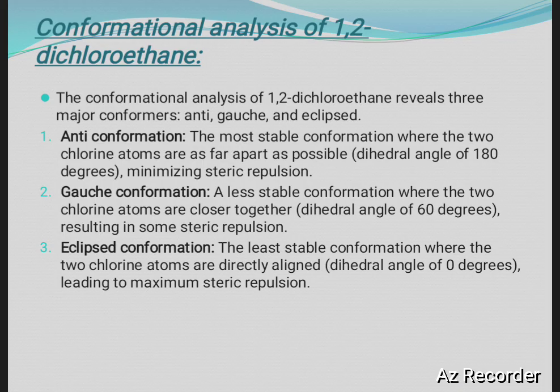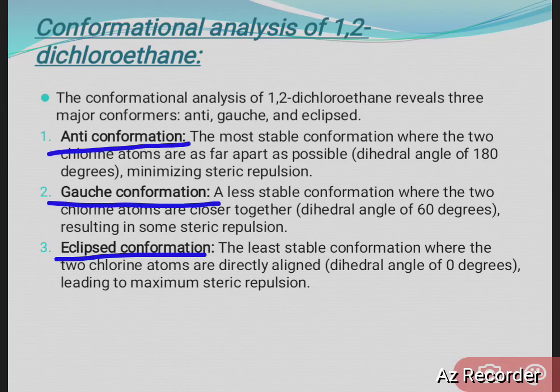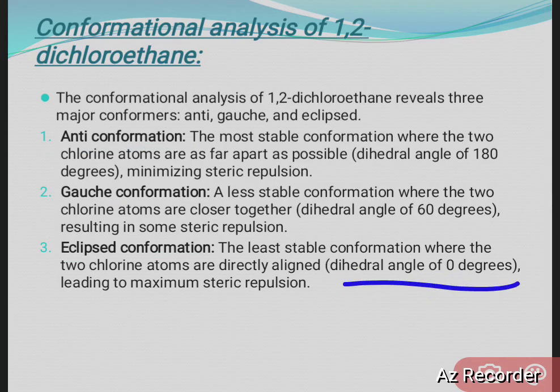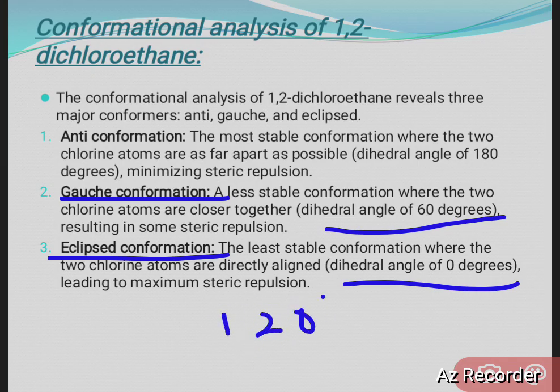When the molecule is rotated, initially when the dihedral angle is 0, we will get the eclipsed one. When we rotate this by 60 degrees, we will get the gauche conformation. When we again rotate by one more 60, meaning 120 degrees, at that 120 degrees we will again get the eclipsed one.